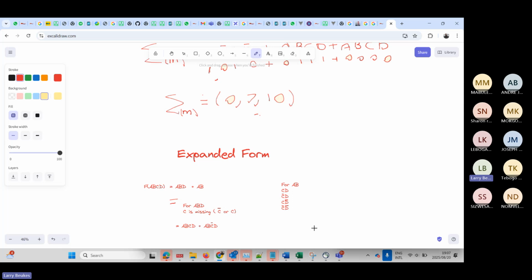So now in its expanded form, AB results in AB, the first one is CD. Let me just write it 4 times.